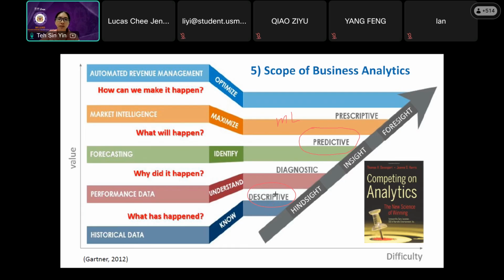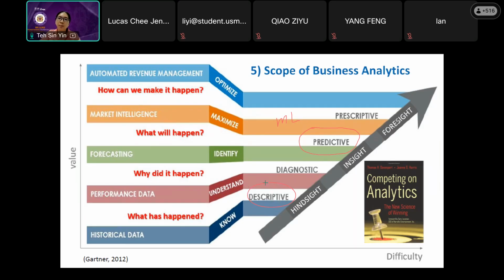Okay. And is it right for me to say that in business analytics, if any one of these steps goes missing, I might get less accurate results? No, it is just like a trend. If you are at the descriptive analytic, that means the difficulty level is very low.